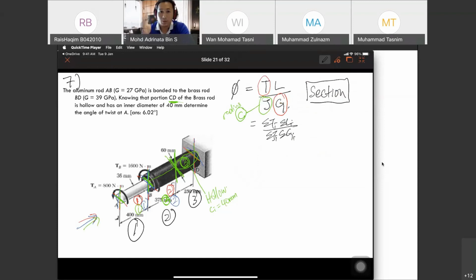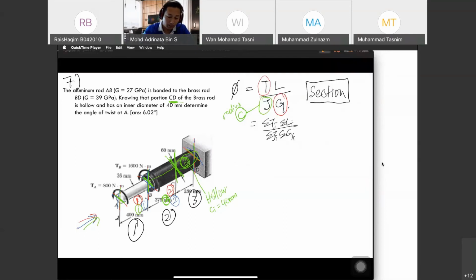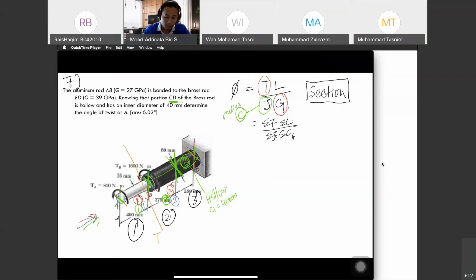Okay, so kita kena cut lah. Alright. Okay, so kita ada road AB, road BC and CD. So section tu. So from the figure, we have that TA, kalau kita cut, if we cut here, TAB is equals to 800 Newton meter.